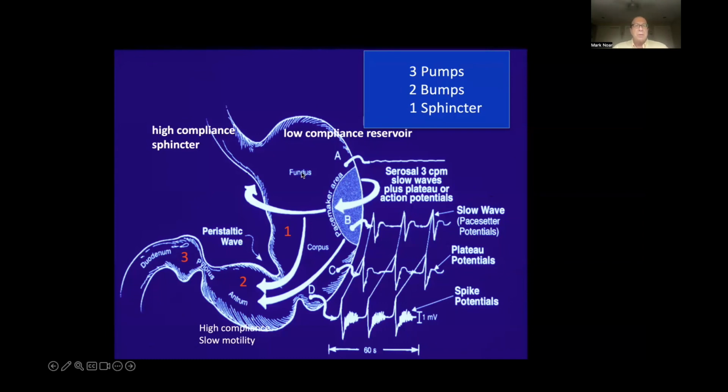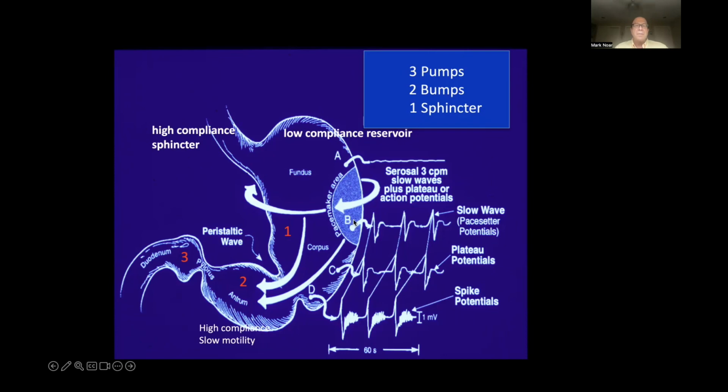This helps to build the gastric pressure gradient, which is necessary, but only possible in the presence of a normal functioning high compliance sphincter known as the lower esophageal sphincter. This is the first pump, which is in the body of the stomach, as you can see here. Pump number 1.